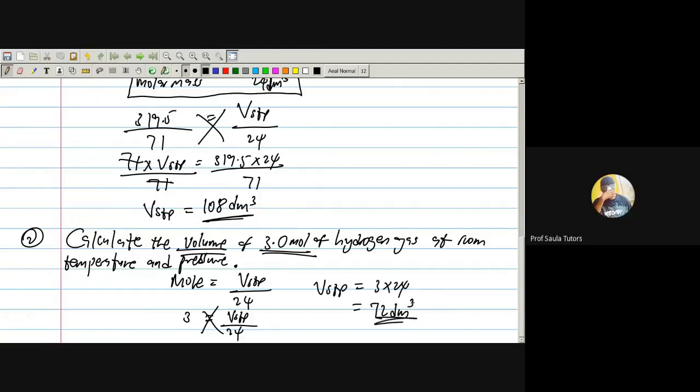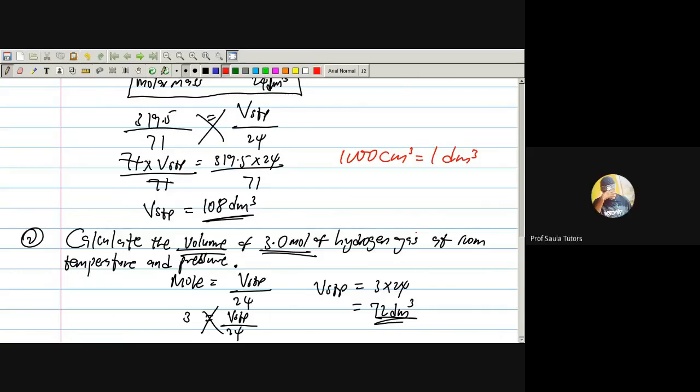If they ask you to find your answer in cm cubed, what do you do? You convert decimeter cubed to centimeter cubed. 1,000 centimeter cubed is equal to 1 decimeter cubed. You can just go find your way, and that's it.